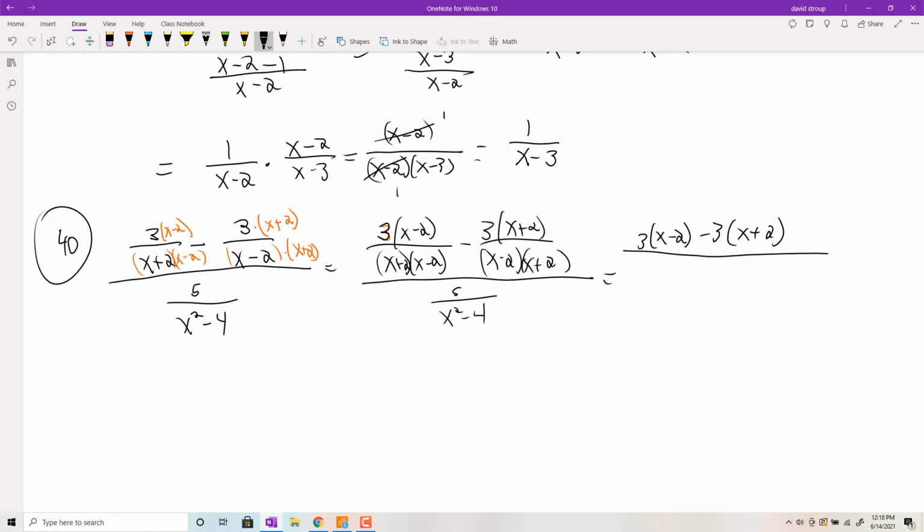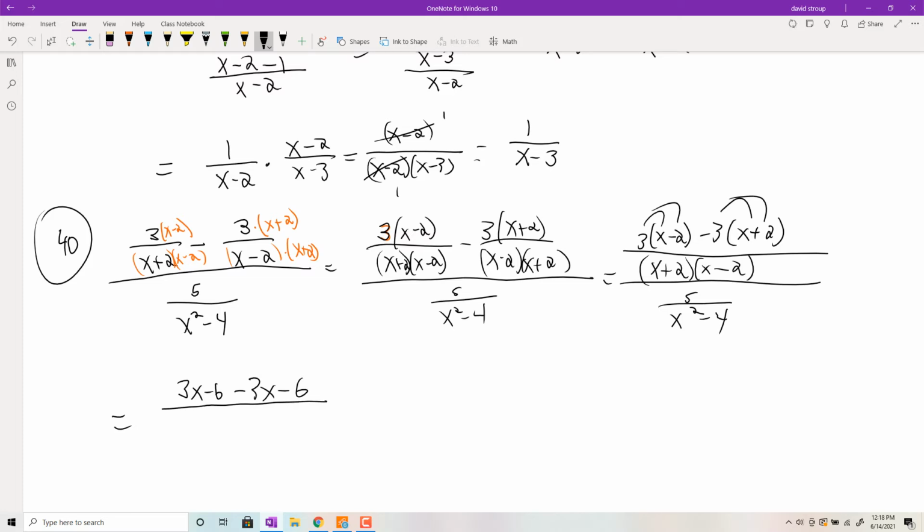Okay, I need to do some distribution here, so I'll end up with 3x minus 6, and then distribute this guy, minus 3x minus 6, all over (x plus 2) times (x minus 2), and then that's all over 5 all over x squared minus 4.